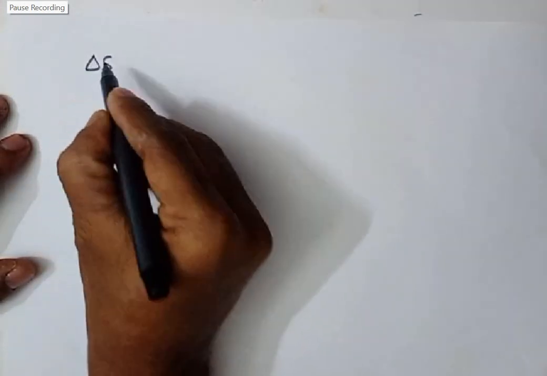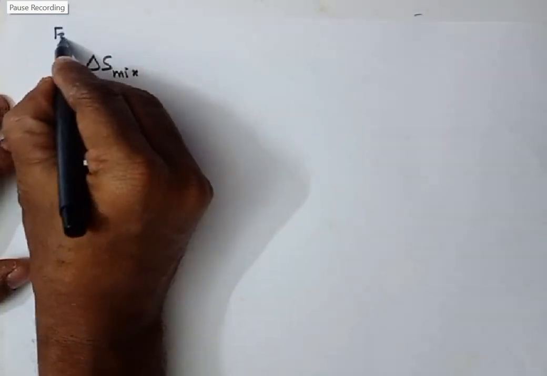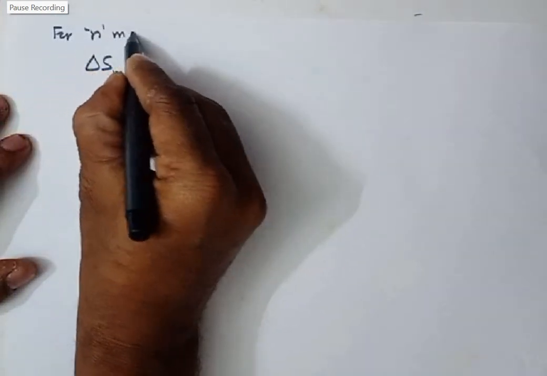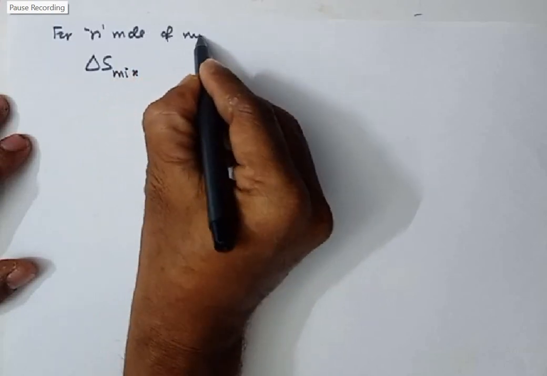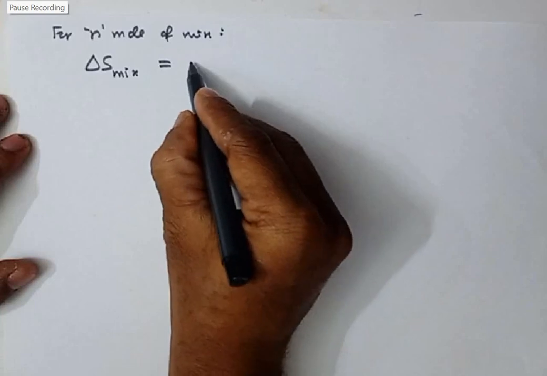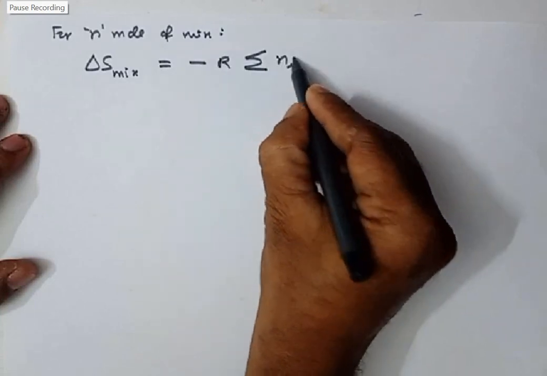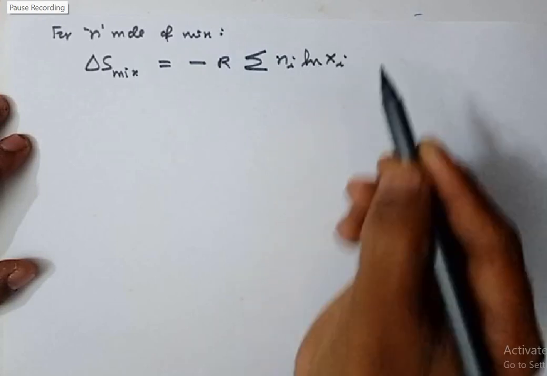So for ideal gas mixing, we found out that delta S mixing, I am writing for n mole of mixture, equal to minus R into summation Ni ln Xi.